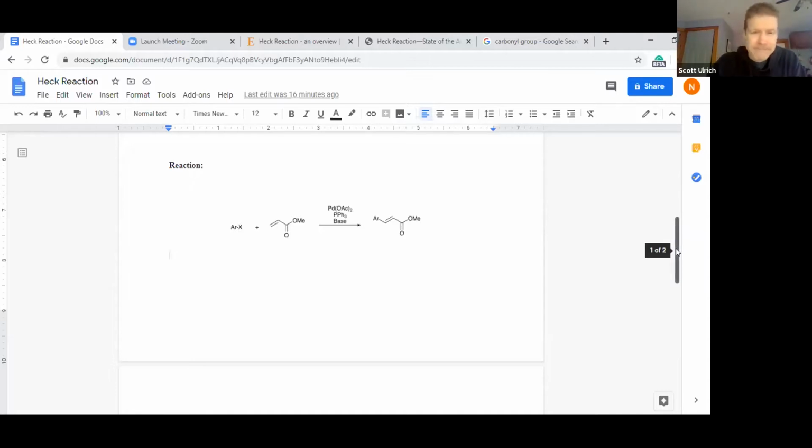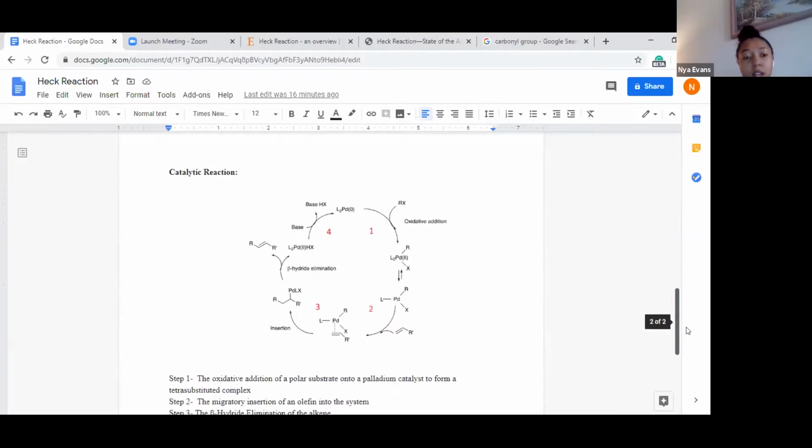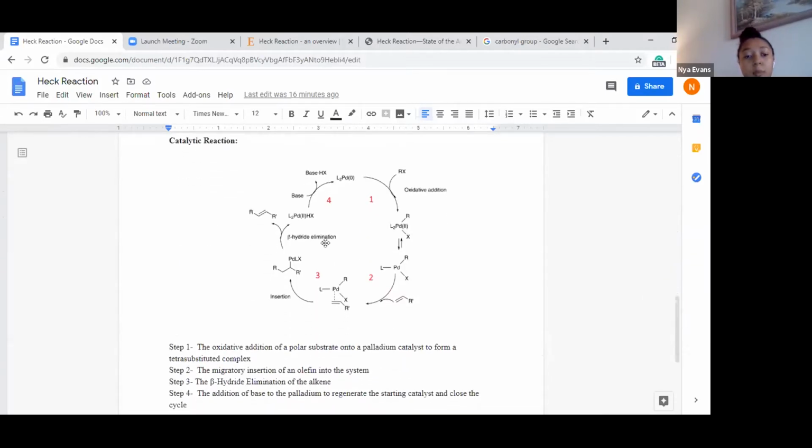Okay. So this is an image of the catalytic reaction. In step one, it starts off with the oxidative addition of a polar substrate onto a palladium catalyst to form a tetrasubstituted complex. Then in part two, you have the migratory insertion of an olefin into the system.